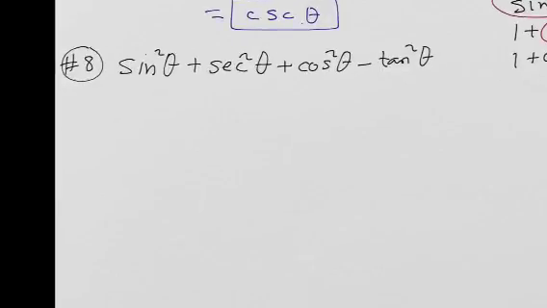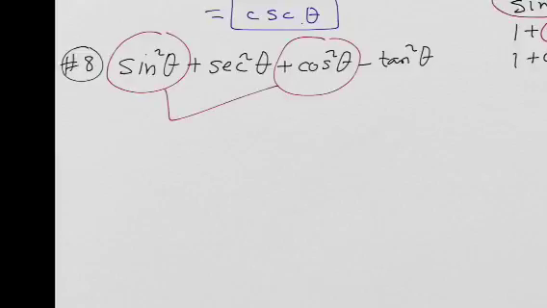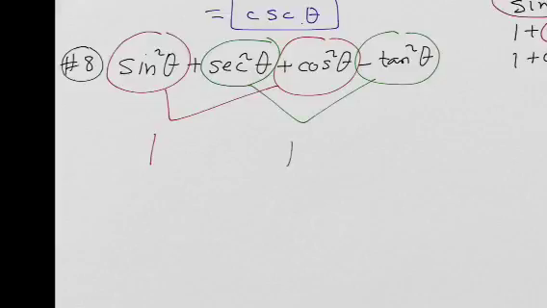And when we look here, we see, oh look, there's sine squared plus cosine squared. If we were to put those together, that would just be 1. And then we have secant squared minus the tangent squared. Oh yeah, we just saw that that is also equal to 1. And when we add them together, it equals 2. So this one comes out really, really simple, but we have to identify that these both are pieces of our Pythagorean identities.